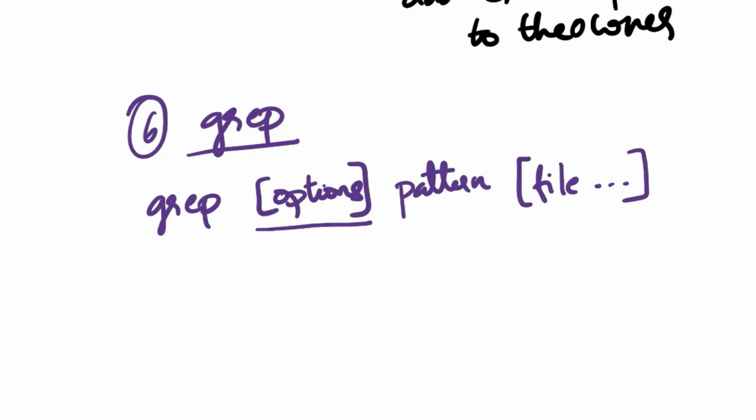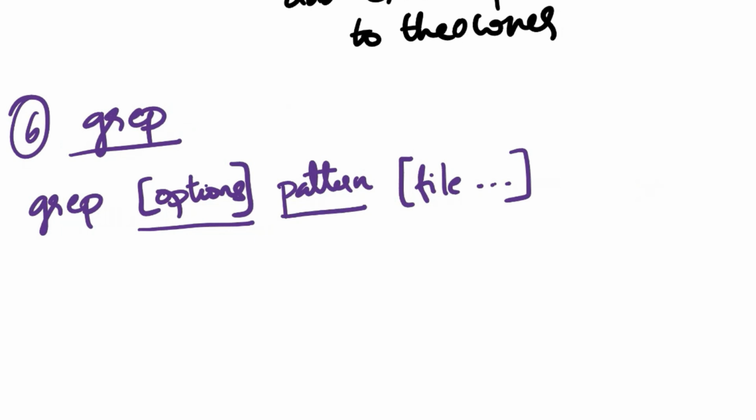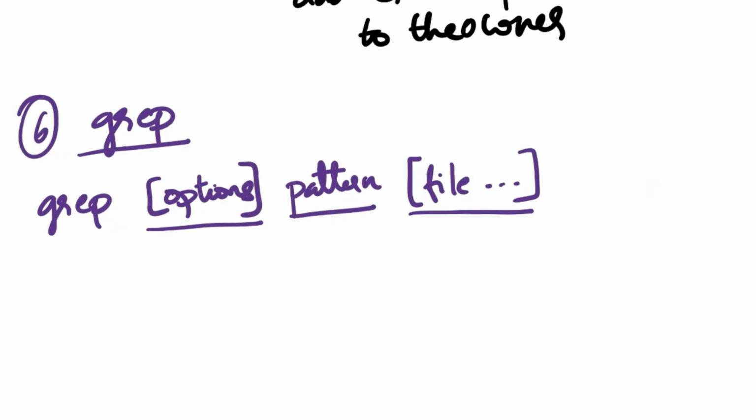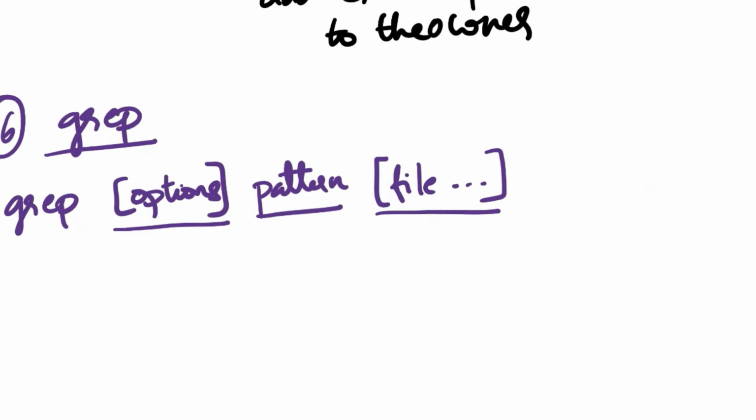Options, these are optional and allow you to specify search patterns or modify the output. Next is the pattern. This is the text or regular expression you want to search for. Next, the file is the file or files in which you want to search the pattern. You can specify multiple files for batch searching.